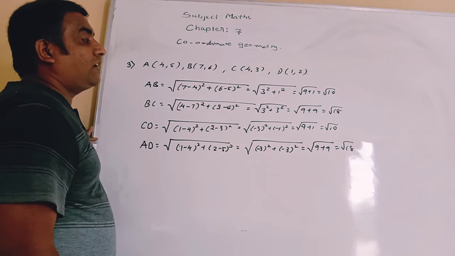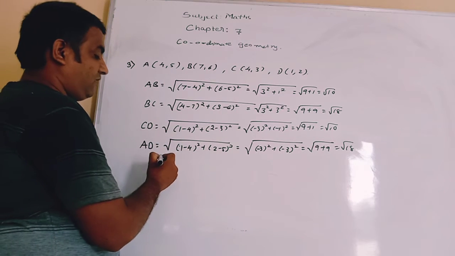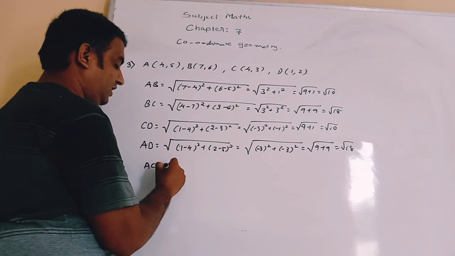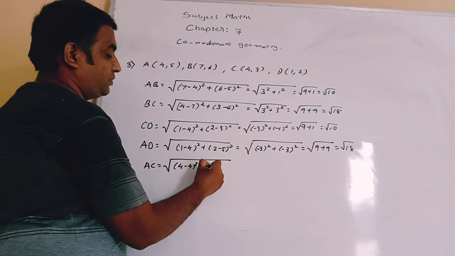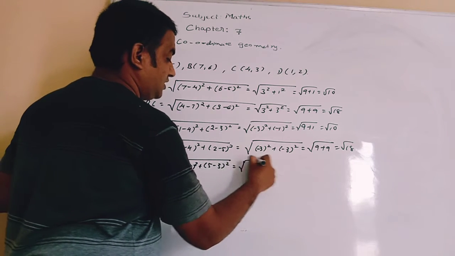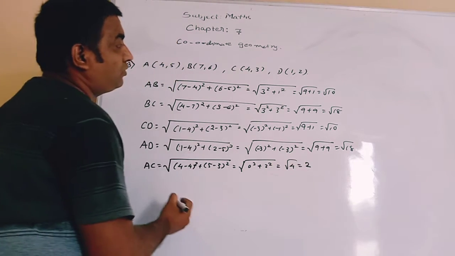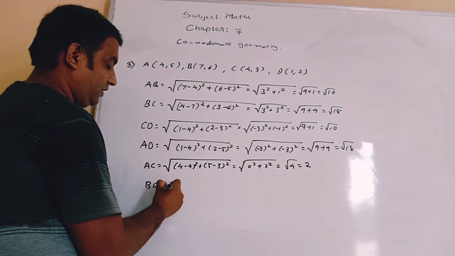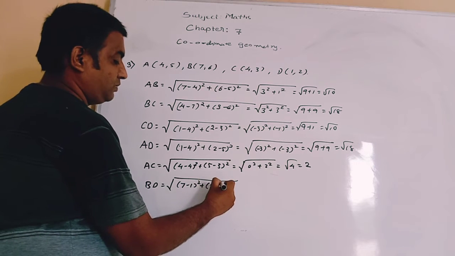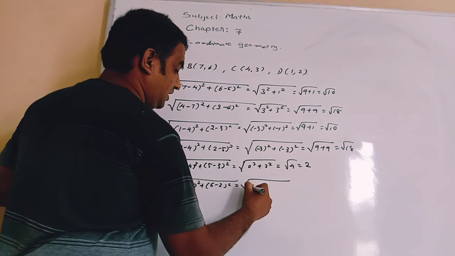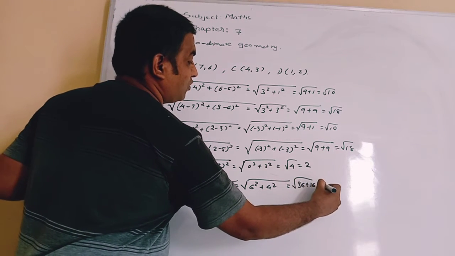So we know that in rectangle diagonals are equal, so let me calculate diagonals and check whether they are equal or not. So we calculate diagonal AC, then it is (4 - 4) square plus (5 - 3) square, so it is 0 square plus 2 square, that is root 4 is equal to 2. And BD we calculate, that is (7 - 1) square plus (6 - 2) square, 6 square plus 4 square, 36 plus 16, root 52.